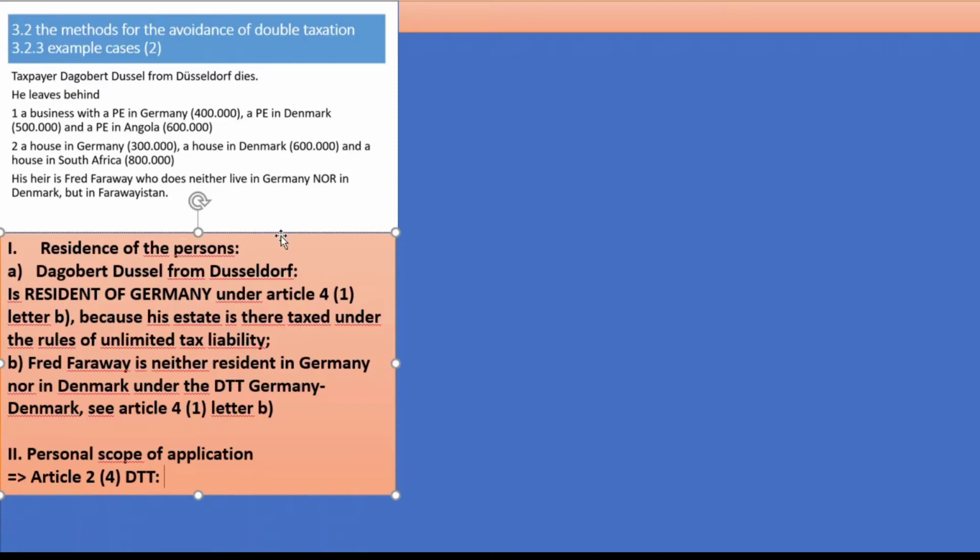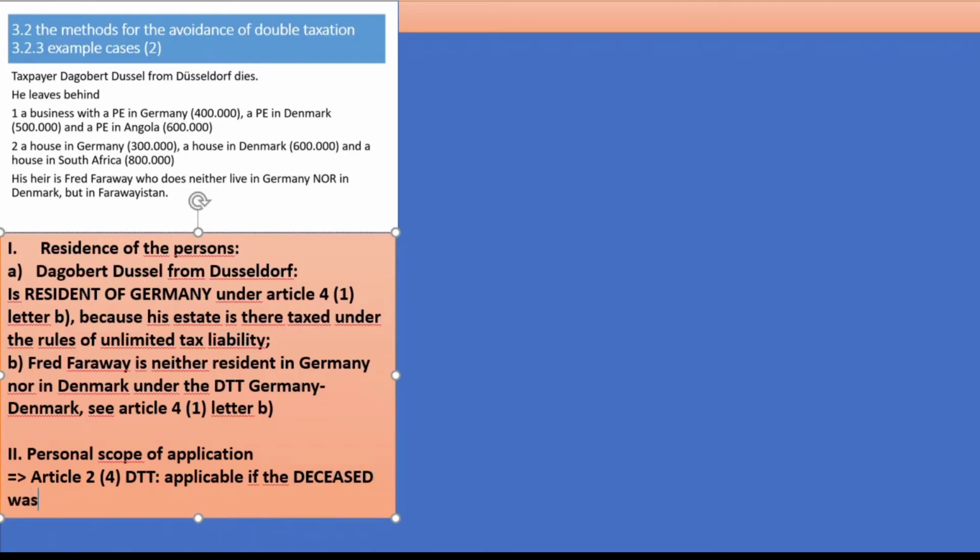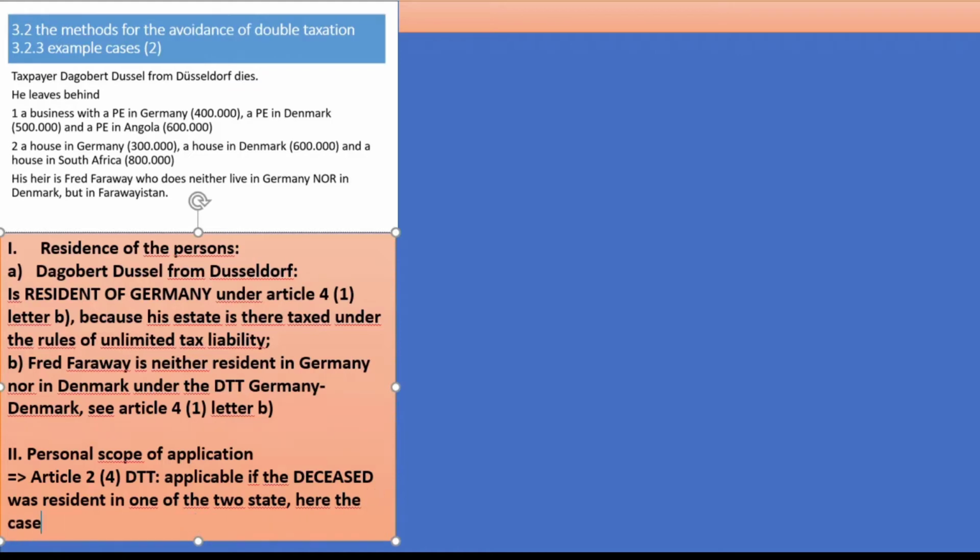And it said, if we remember that correctly, that the treaty is applicable if the deceased was resident in one of the two states. Here that is the case. See above.